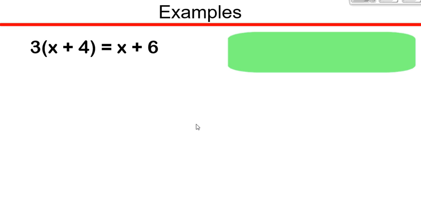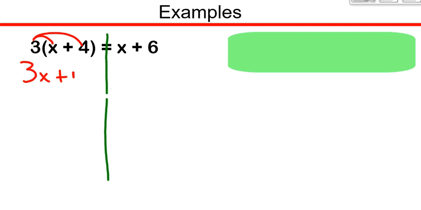All right, so let's just do this since we've got some distribution going on here. So I'm going to go ahead and draw my line down my equal sign, and then I'm going to distribute my positive 3 all the way through. That will give me 3x plus 12 equals x plus 6. So you should be able to take it from here, easy peasy, minus 12 both sides.